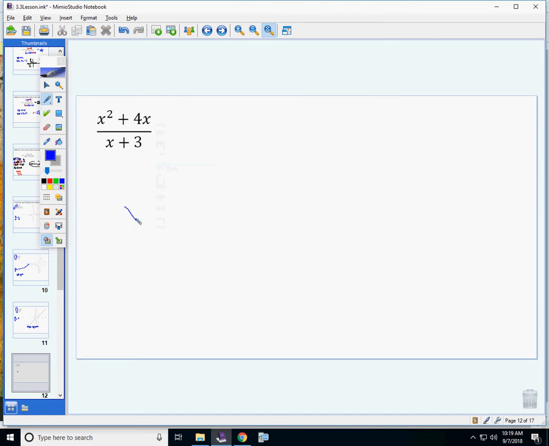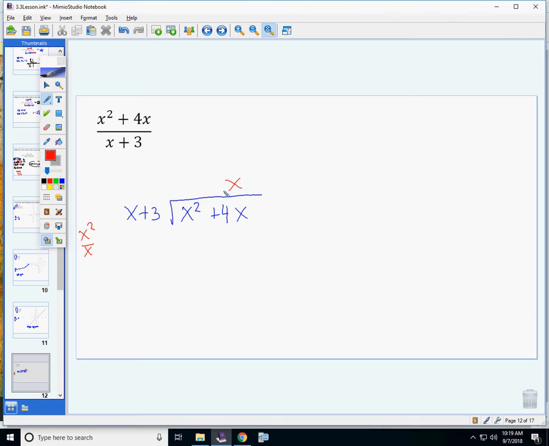So, a reminder with long division. We have x plus 3 going into x squared plus 4x. We already divided the x squared by the x, and we got an answer of x.